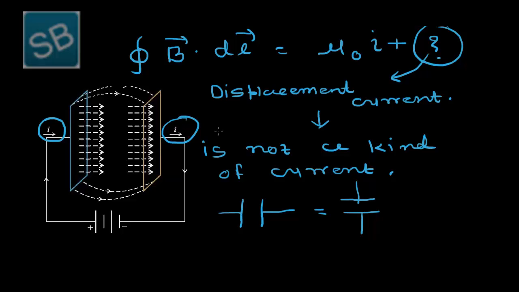Now this current will not continue for a longer time. After a particular time interval, the value of the flowing current will be 0, whenever the capacitor is fully charged.